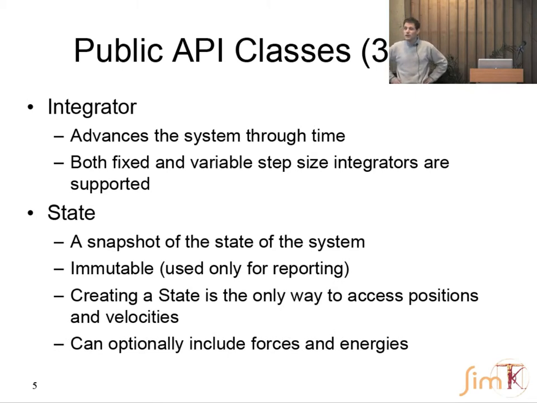For example, if you're running on a GPU, the information about positions and velocities is stored in the GPU's device memory, and in order to get access to this, we need to transfer that information from the GPU's device memory into your computer's main host memory. And that's a somewhat expensive thing to do. It takes time. So we don't want to retrieve any information except what you're actually going to want. And then when you do this, we want to retrieve it all in bulk because we can do it more efficiently that way.